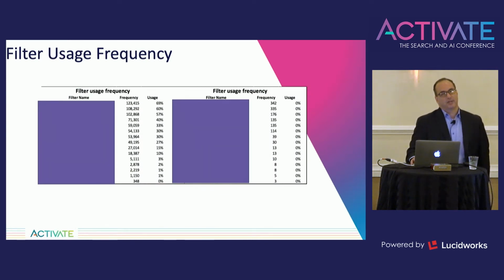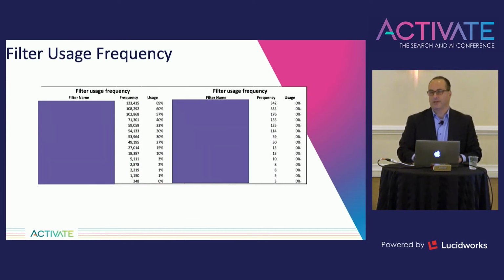And just so you don't think that we can only deal with things that include a search term, you can also look at how people are actually filtering or faceting with data. This is an example of a client that has one particular application with a lot of filtering and faceting, and you can see that the frequency of certain combinations is very high.